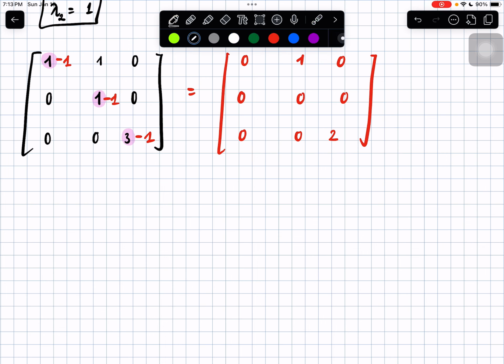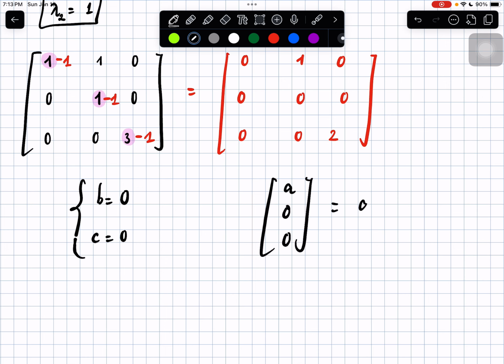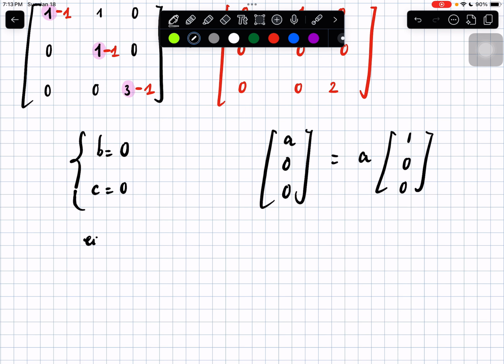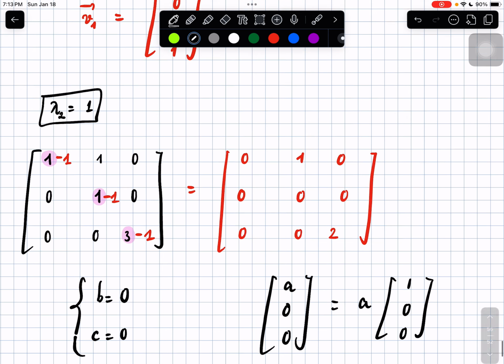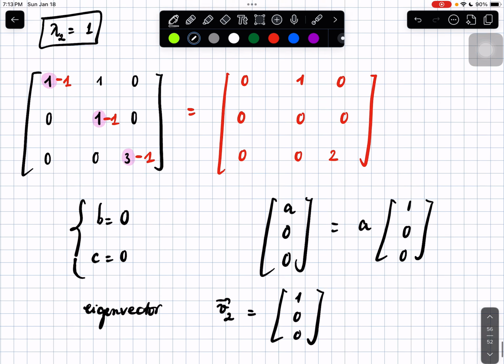We have B equals 0 from the first equation. Second equation, 0 equals 0. The last one, 2C equal to 0. So A, B, C is of the form A, 0, 0. So A times 1, 0, 0. We have 1 eigenvector. V2 is 1, 0, 0. So it's defective. You see that lambda 2 equal to 1 is defective.